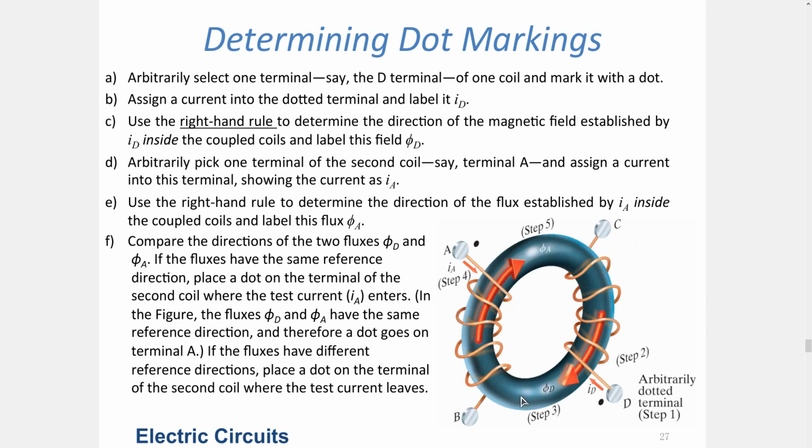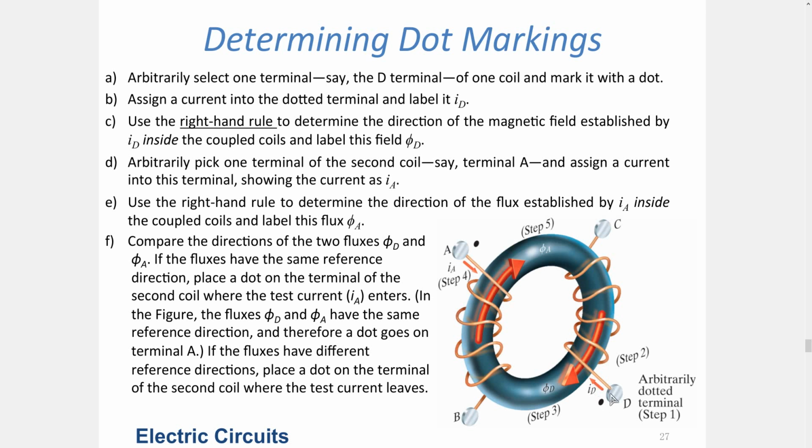As you can see, physically the currents are isolated. One side's current doesn't mix up with the other side's current, so this provides isolation. However, they can interact with each other. So we arbitrarily select one terminal. Let's say we select the D and mark it with a dot. Okay. Arbitrarily, we have to start at some point.